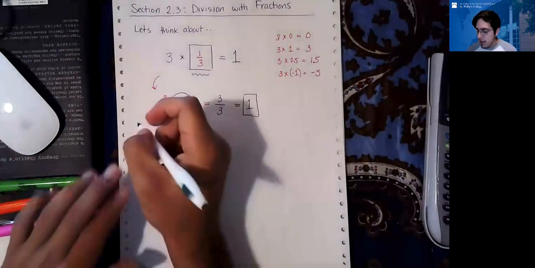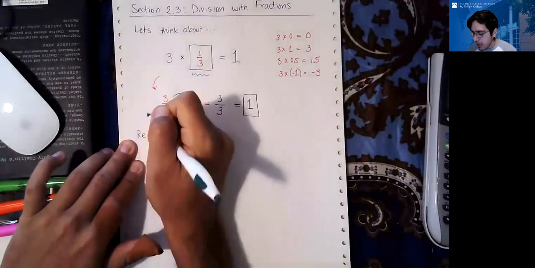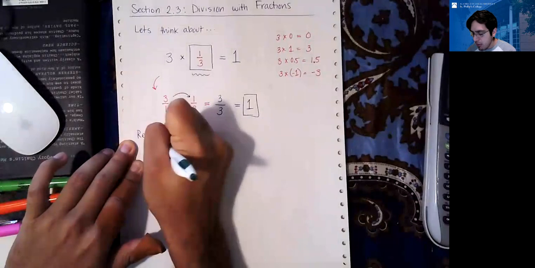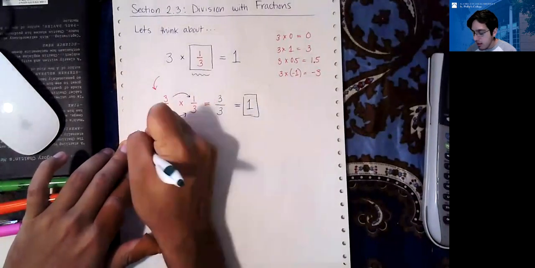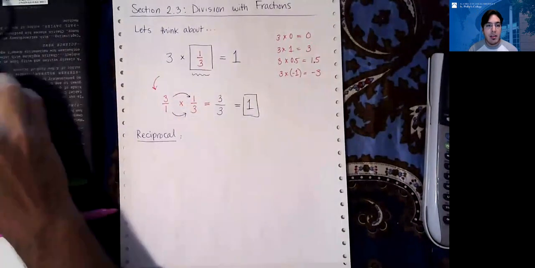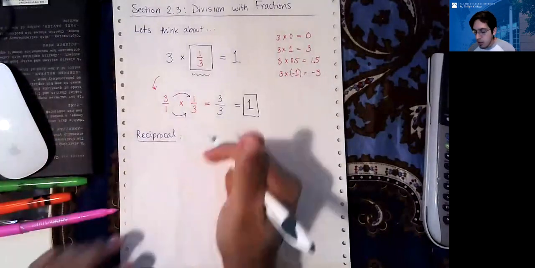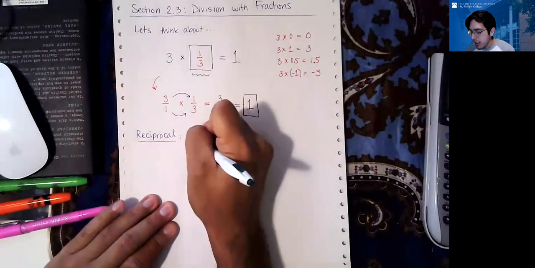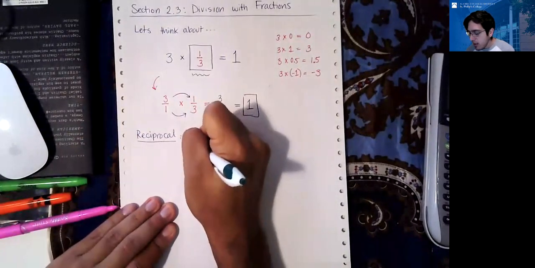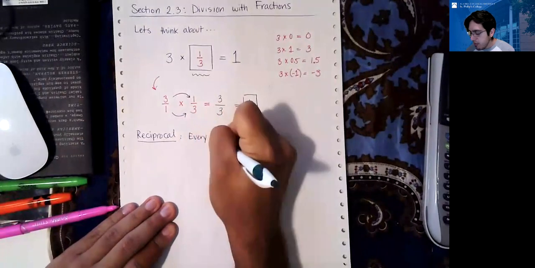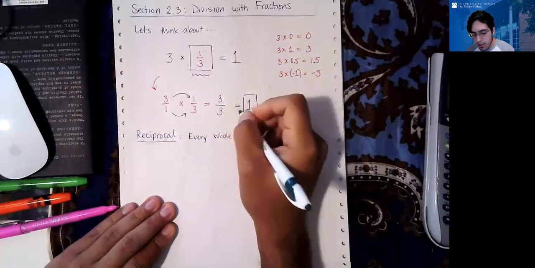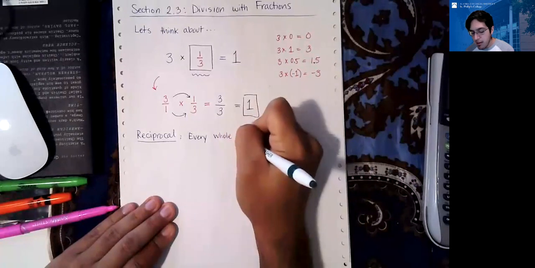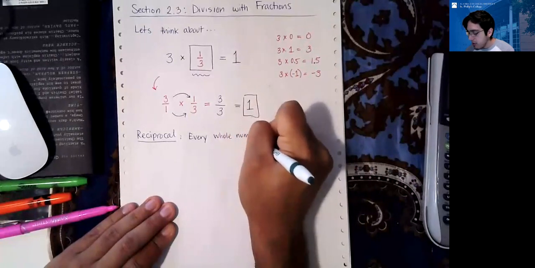Okay. So I need to introduce a concept before we can divide fractions, and that is reciprocals. A reciprocal of a number can be stated as follows. Every whole number, I should say every integer, because negatives have reciprocals as well.